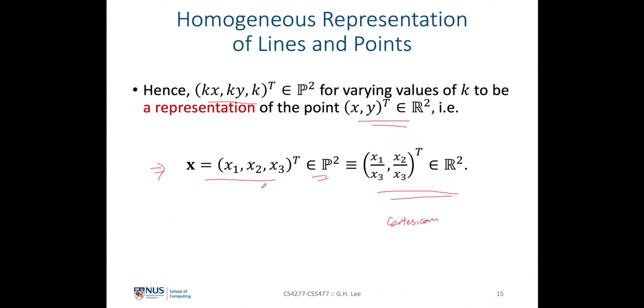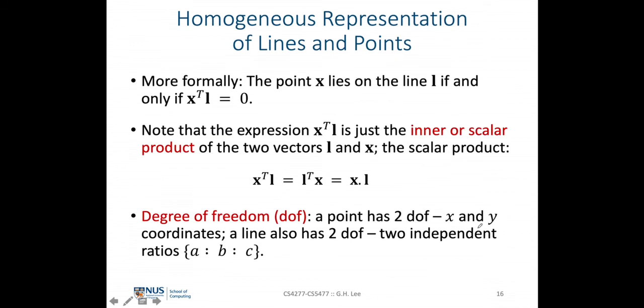So in this case, this is our projective space, and this is our Cartesian coordinate space. More formally, the point x lies on the line if and only if the dot product of the point and the line is equal to 0, as what we have seen earlier.